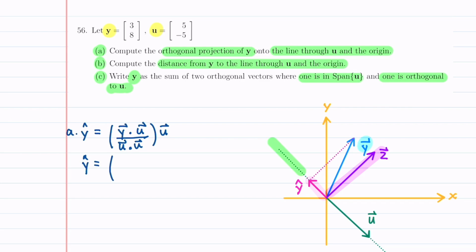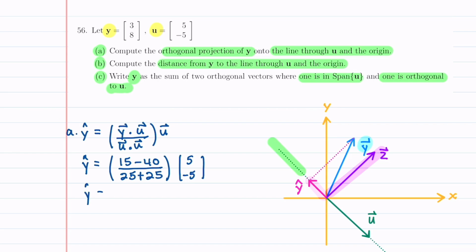Let's go ahead and compute this. Y dotted with u is going to give us a 15 minus a 40, and then u dotted with itself is going to be a 25 plus a 25, and that gets multiplied by our vector u, which is 5 and minus 5.